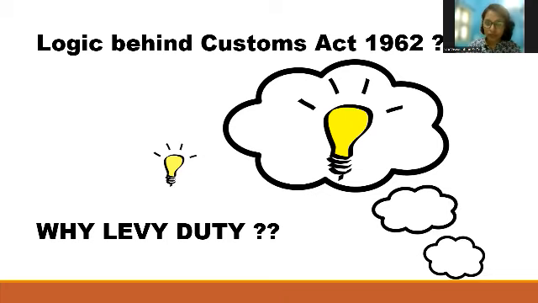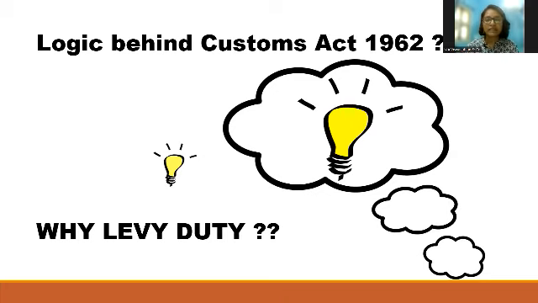Obviously, what will a layman do? He will go and buy the product at $9 because that is cheaper for him. The same product, the same quality, same make, everything being the same. So what happens to the domestic market? Domestic market is being impacted badly. So the main purpose of levying import duty is to ensure there is a fair trade practice, and all the products, when it comes to the domestic market, have fair trade and they are all equal.